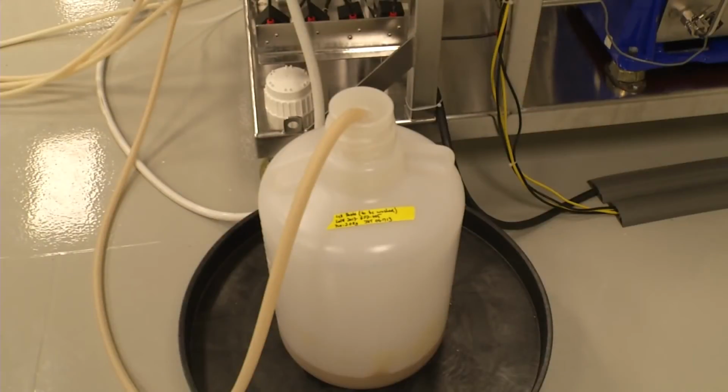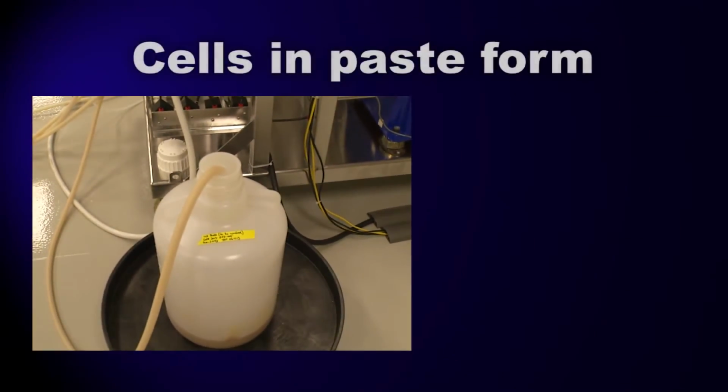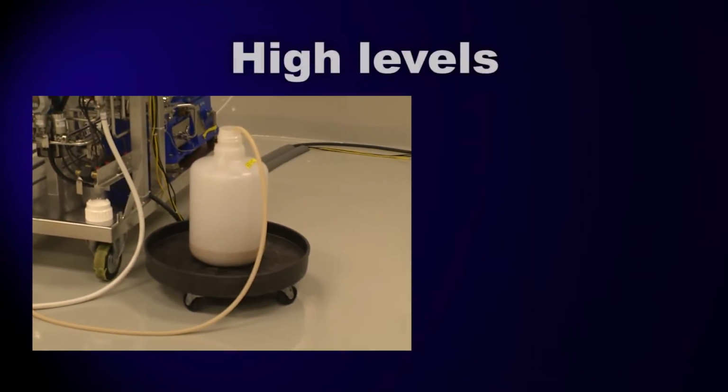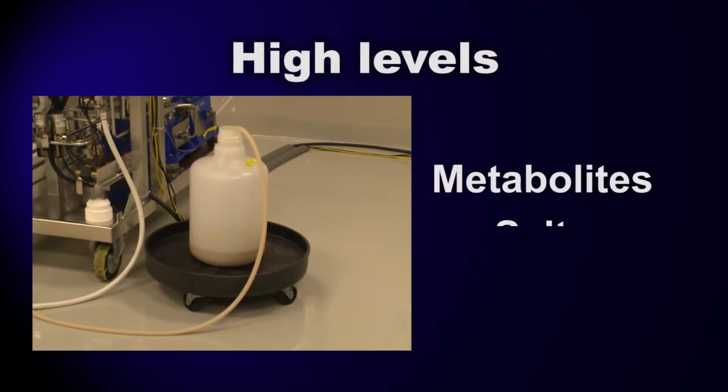At this point, the cells are in a paste form, and although most of the liquid has been removed, our cell paste is still about 40% liquid by weight. The remaining liquid contains high levels of metabolites and salts that could complicate downstream processing, so we're going to lower those levels by washing the cells.